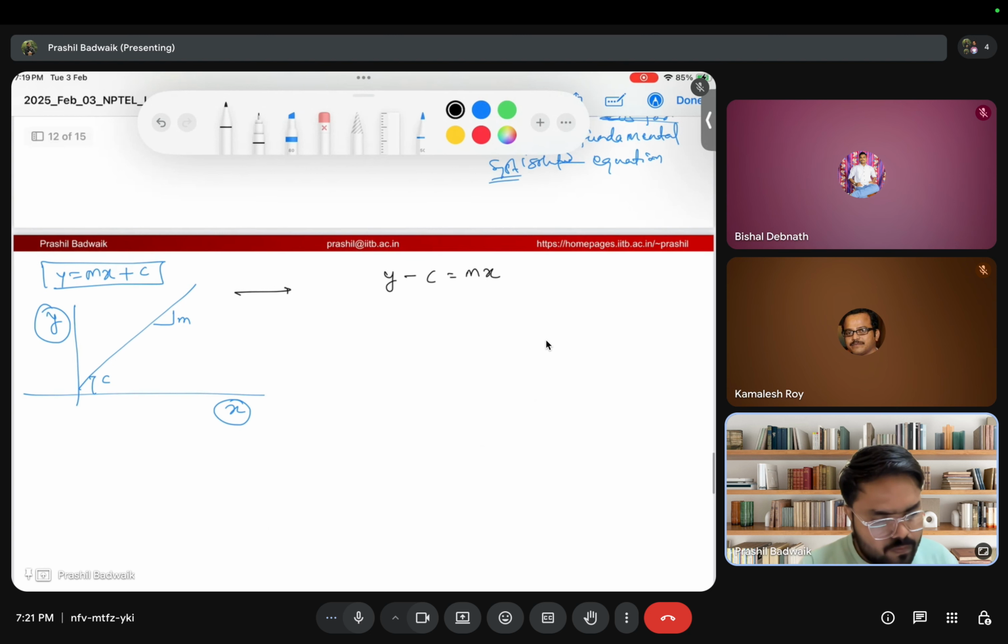So mx equals y minus c, so m equals y by m... plus c by m, right? M equals minus c by m plus y by m.